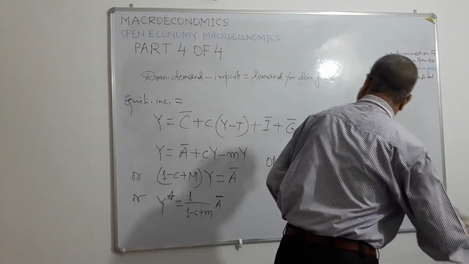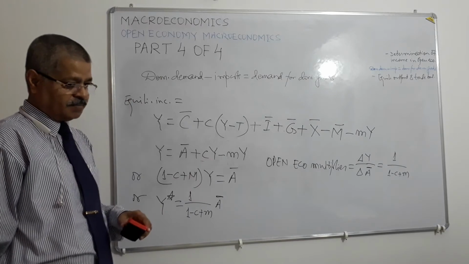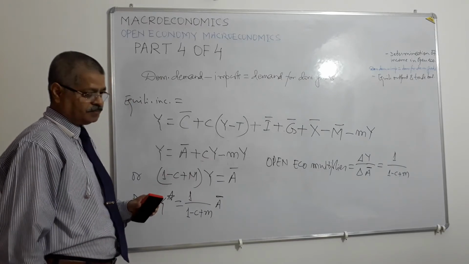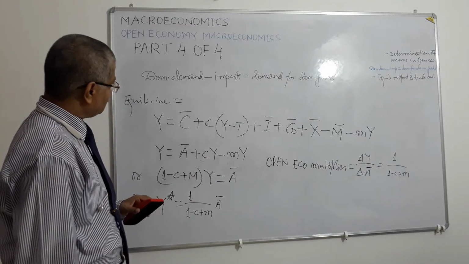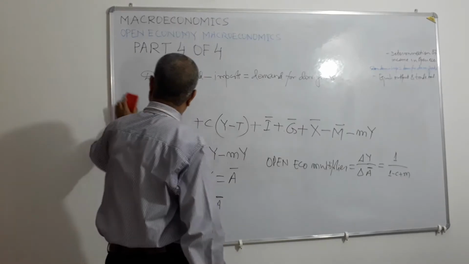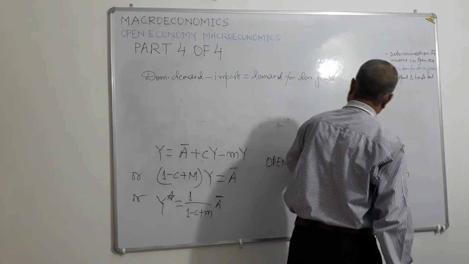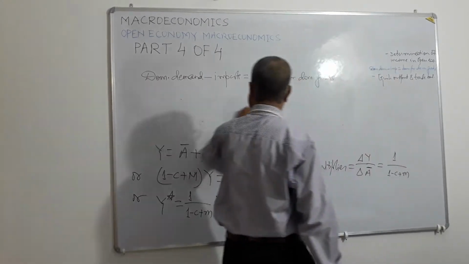Now, let us do one small arithmetic, right? How do we do that? Suppose C is equal to 0.8, C meaning marginal propensity to consume is 0.8.